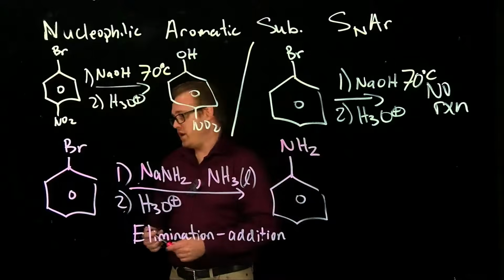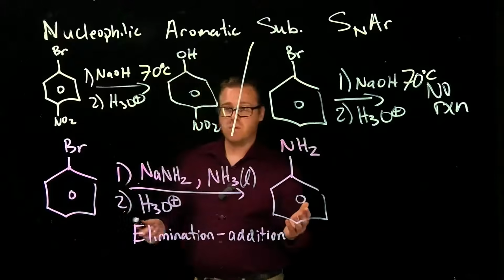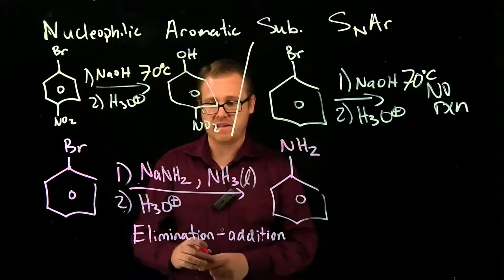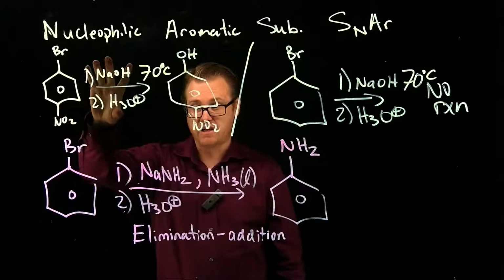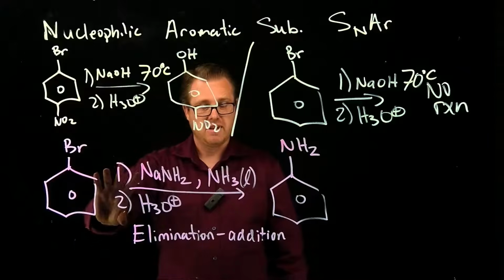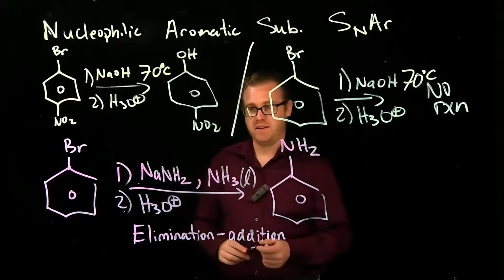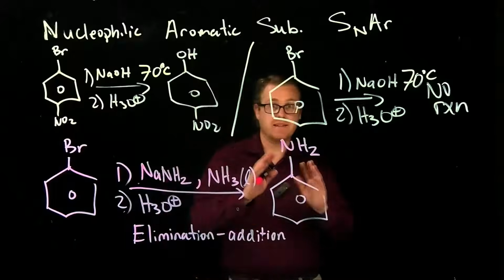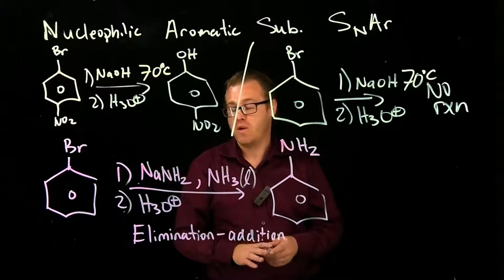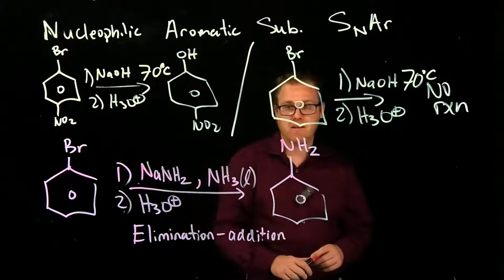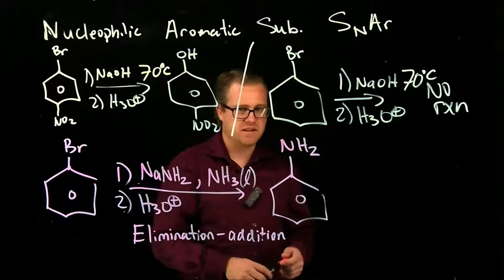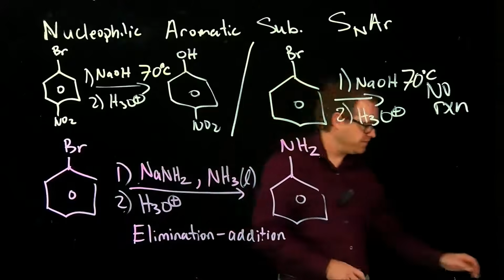Now, how do chemists know that there is a different mechanism from this type of reaction to this one? And it's a really cool experiment. It has to do with isotopic labeling, which I'm going to erase this board and then show you what that's all about. That kind of gives us an idea that there's a different mechanism that's going on here.